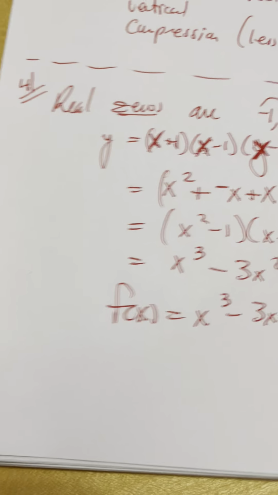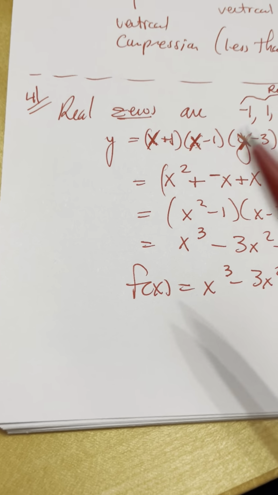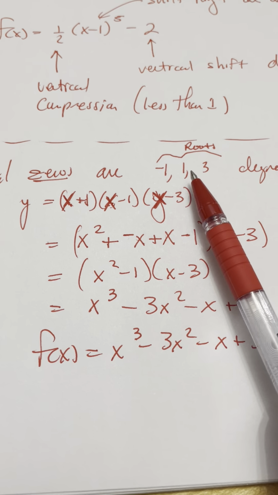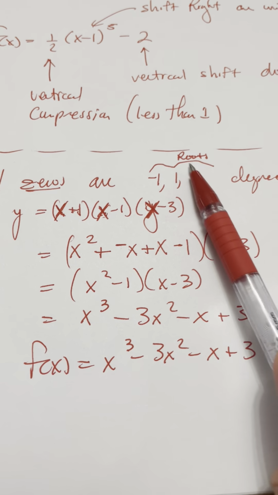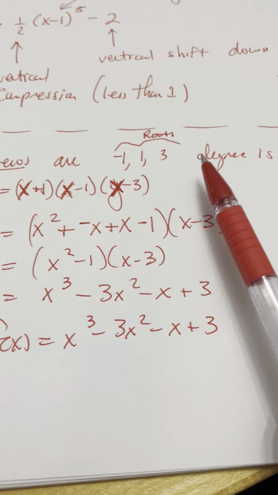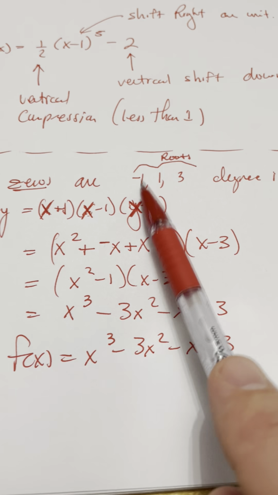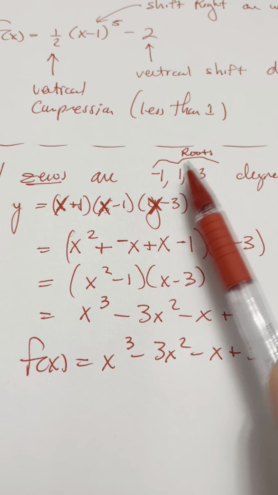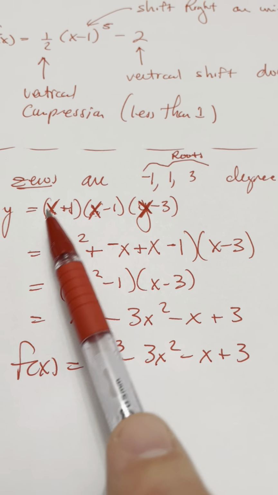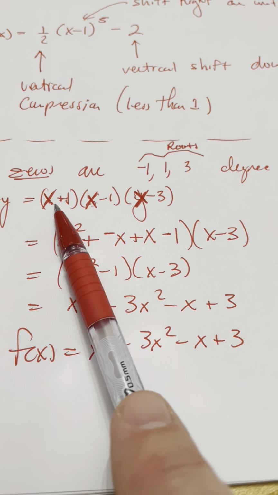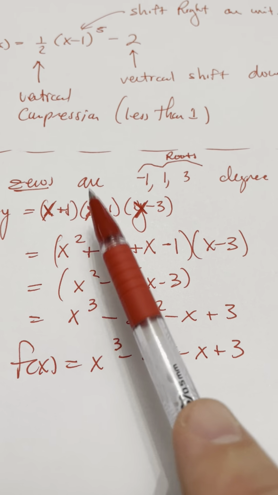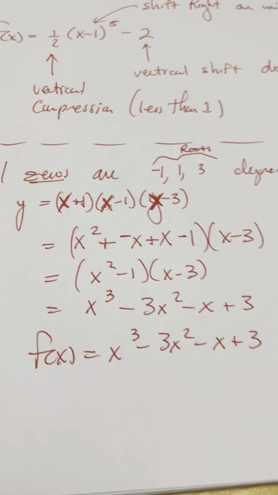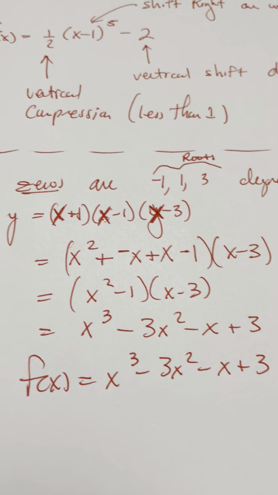Okay, 2 problems I'm going to do real quickly. Number 41, it says the real zeros are -1, 1, and 3. Well, these are roots, and it says the degree is 3. So we have a degree of 3 and 3 roots, so that matches up. The way you deal with the roots is you bring them into your function as opposites. We have to think about it like it's the zero product property.